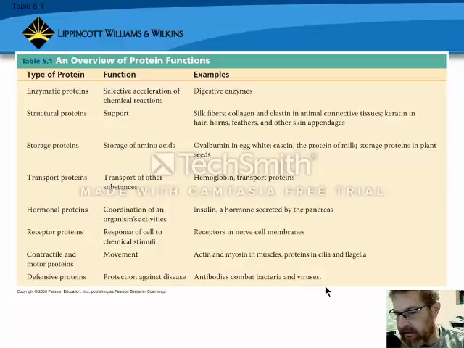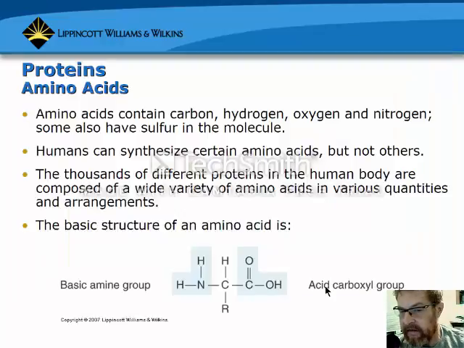So whether you want to transport oxygen with something like hemoglobin, or just pass something across the cell membrane, you'll need a transport protein.